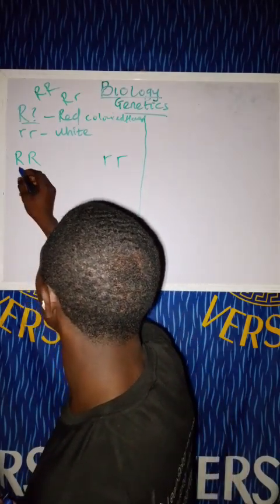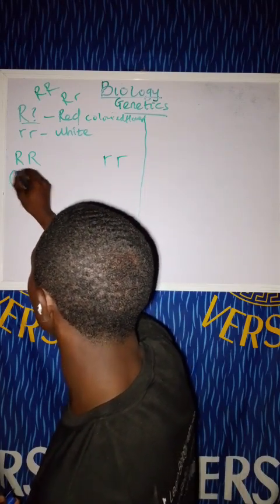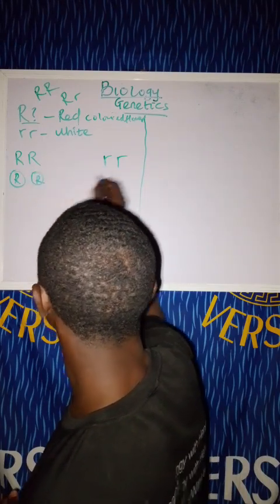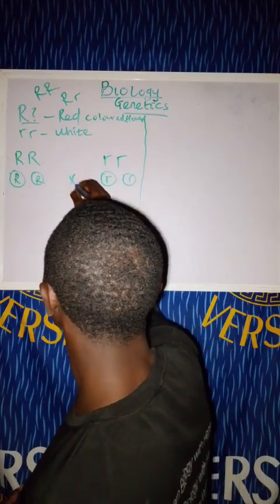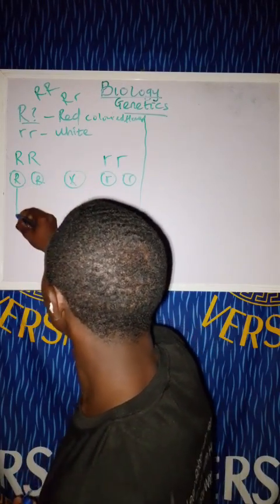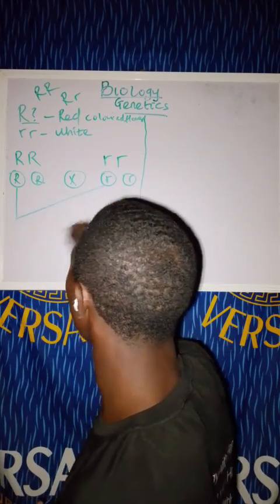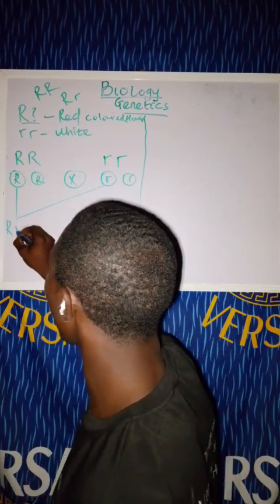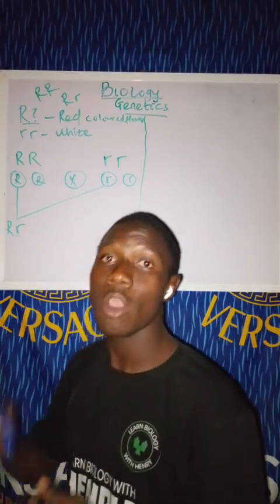So during gamete production, each of these genes goes into the gamete separately, and the same goes for the white plant. Then genetic crossing takes place. This gamete, which contains the gene for red color, crosses with this gamete to produce capital letter R, small letter r. So this offspring is said to be heterozygous for that trait.